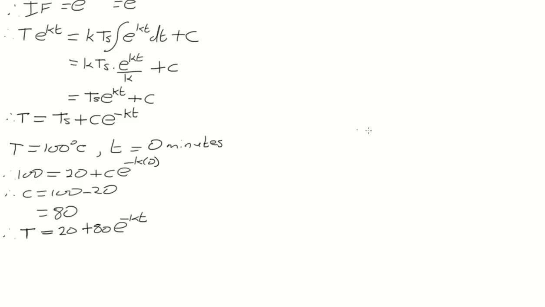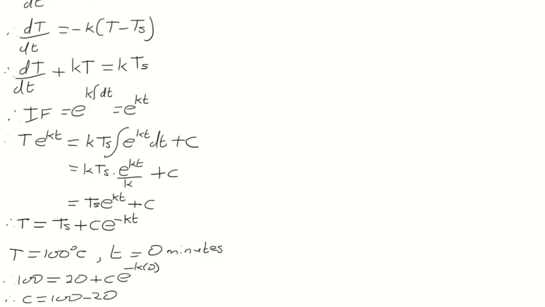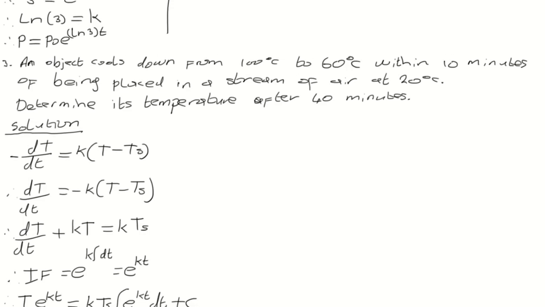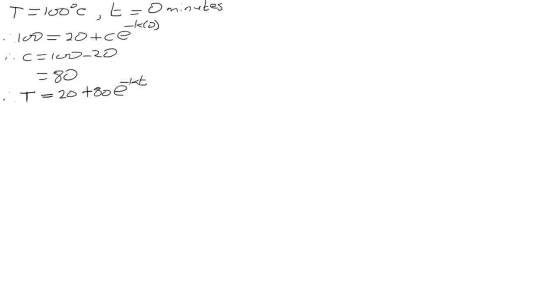Okay, so then the story also says it's 100 to 60, therefore 60 corresponded to 10 minutes. So we therefore have another condition here that T is equal to 60 degrees Celsius when t is equal to 10 minutes.